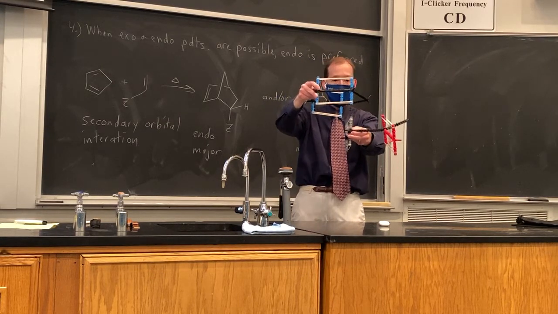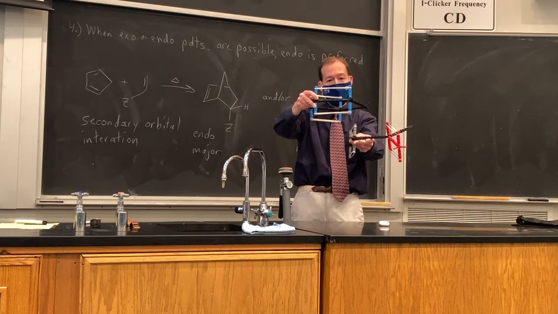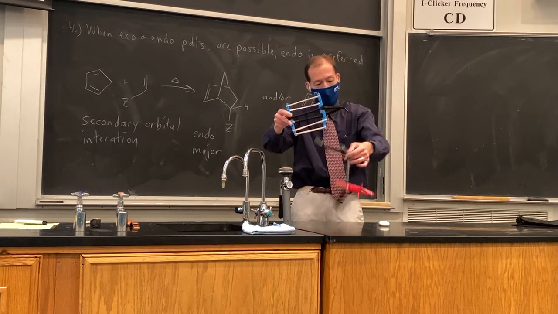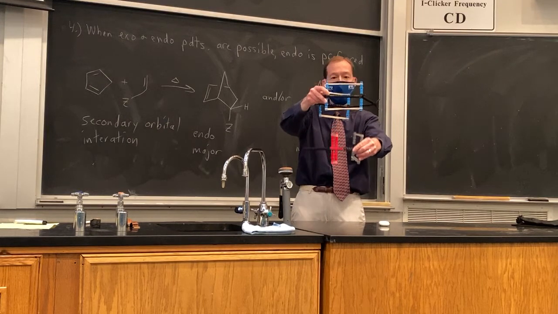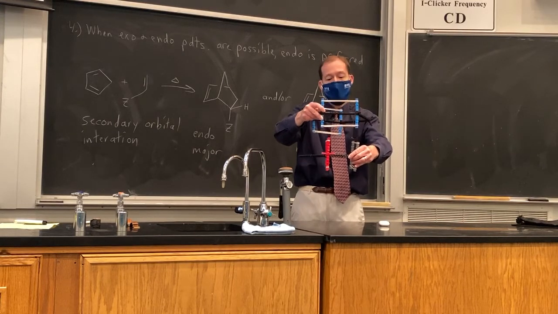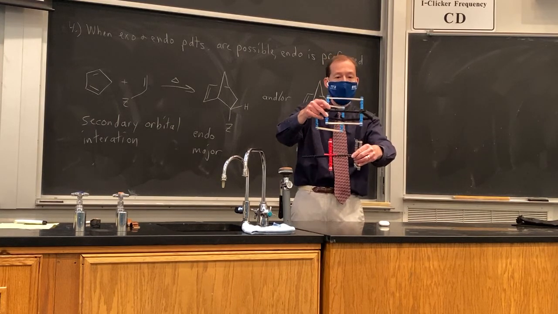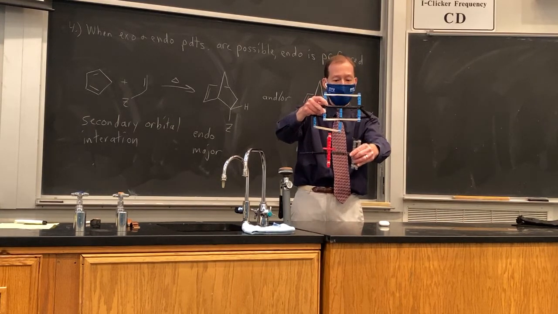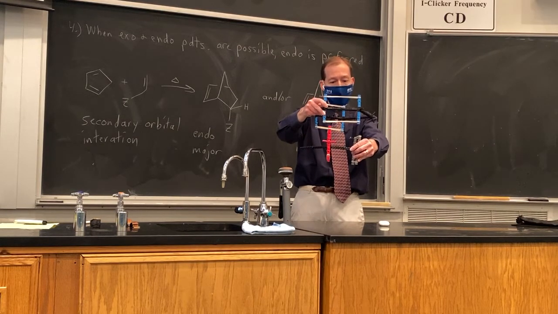This would be the exo transition state because you see that carbonyl group is pointing away from our diene. If we flip the dienophile over, now we have our endo transition state, and you see that it's more crowded. However, we have brought the pi electrons closer in space to our electron withdrawing carbonyl group. So this is our endo transition state, giving us the endo product.